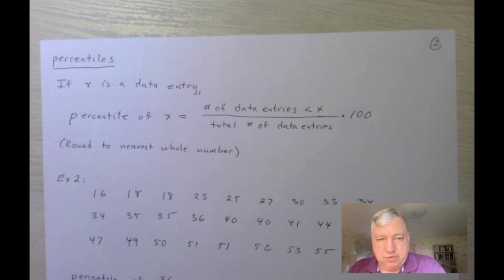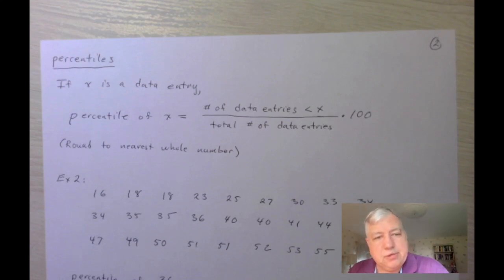We round to the nearest whole number, so it's always an integer. If your score is in the 90th percentile, that means 90% of the scores were strictly lower than your score. We don't count any people who had your score. They're included in the upper 10% with you.